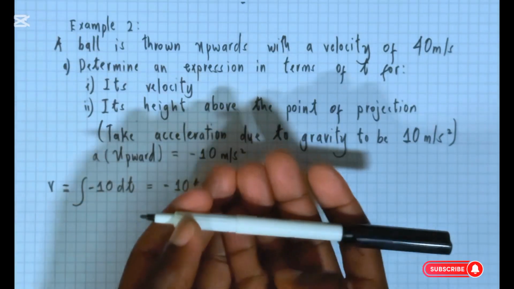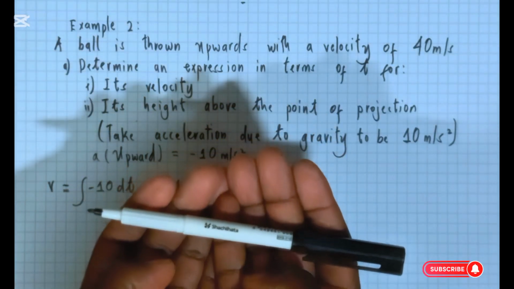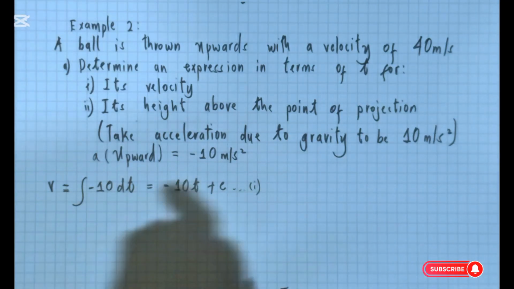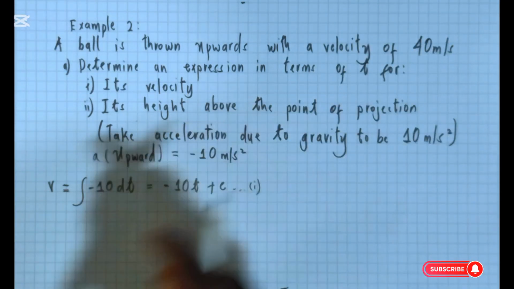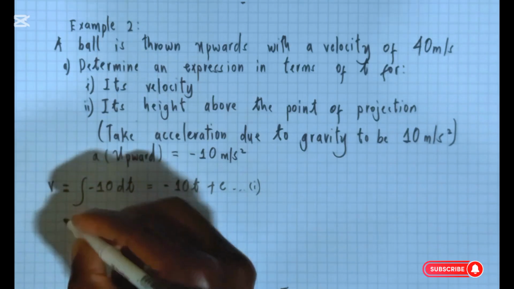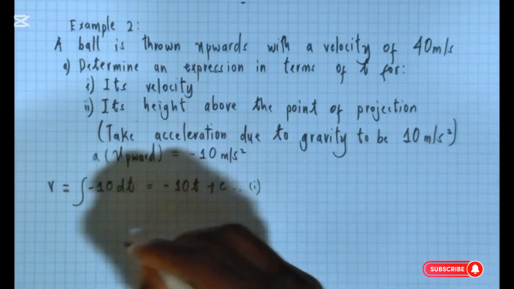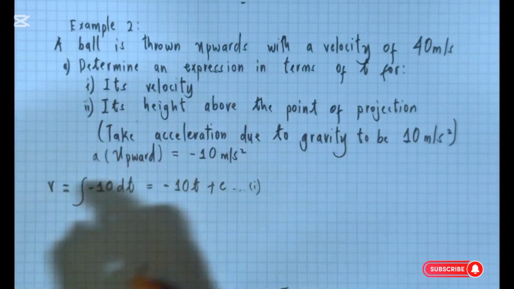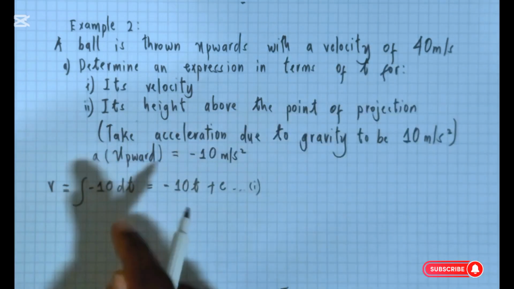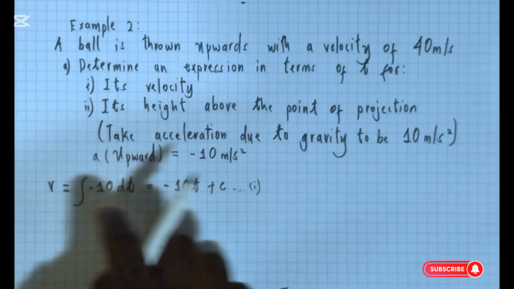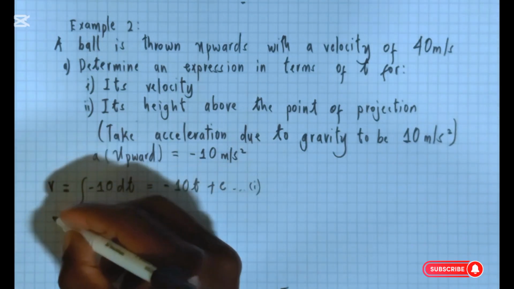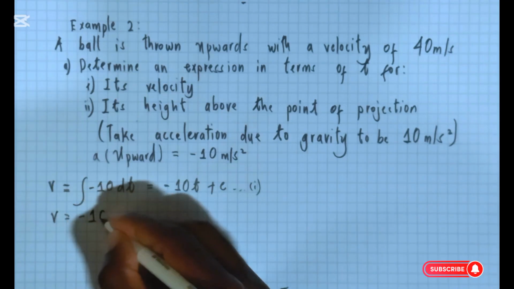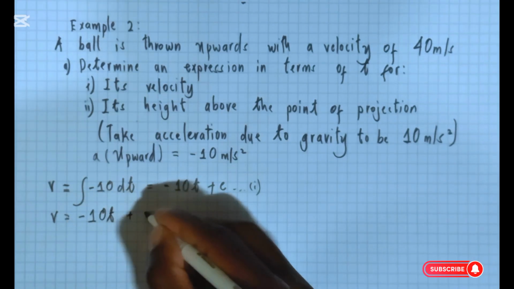So, keeping in mind that t at the point of projection was 0 and v was 40, we will substitute these values for v and t to find c. So basically, v is equal to negative 10t plus c.